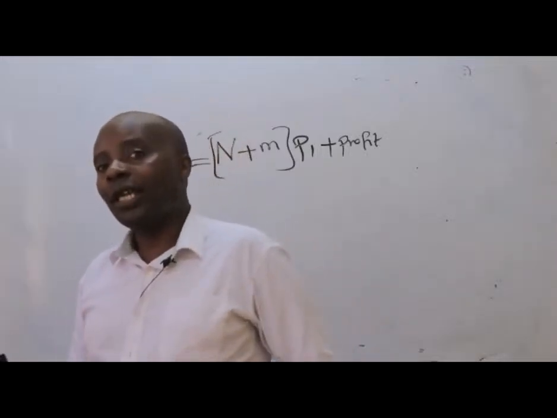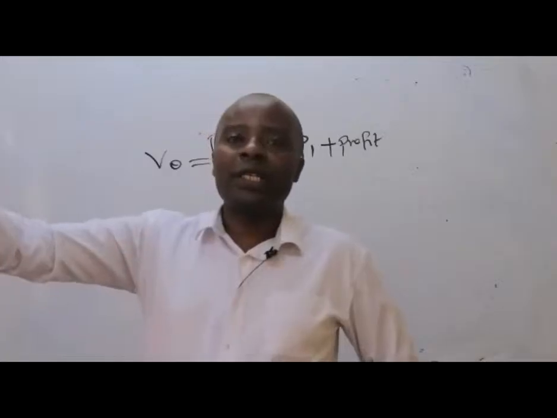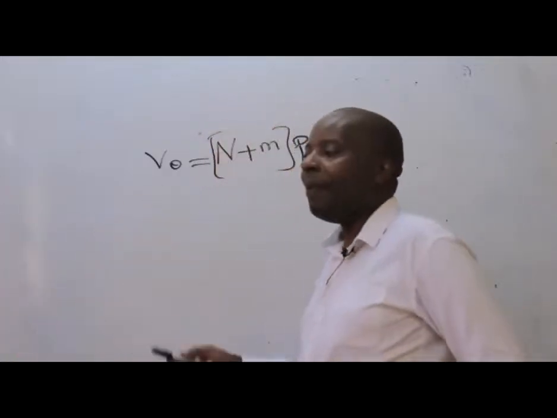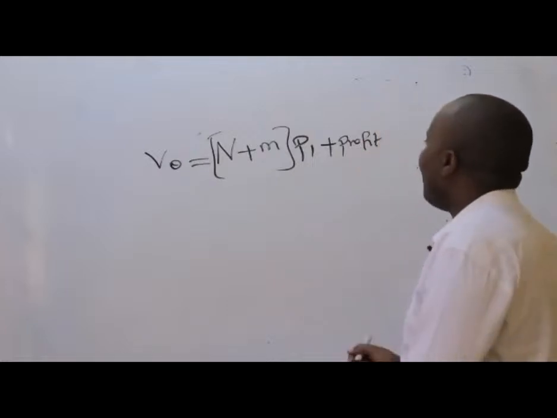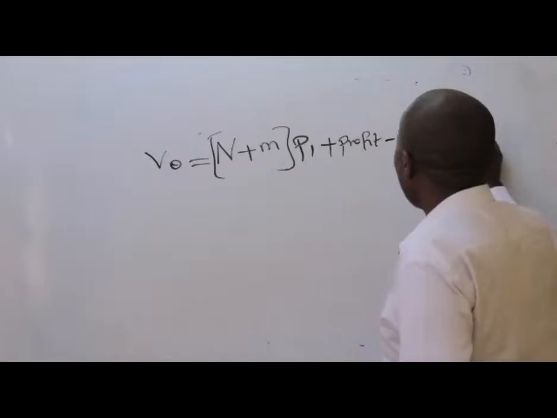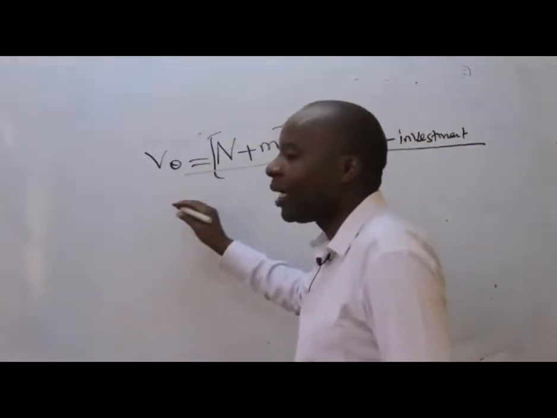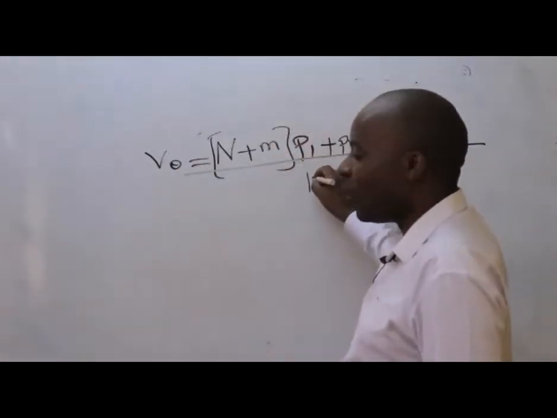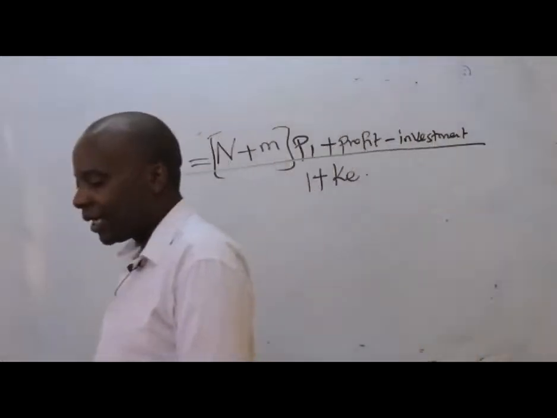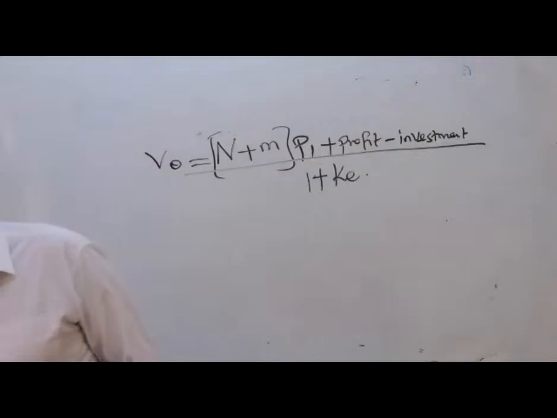You can only realize something out of it gradually as we progress. But otherwise, according to them, immediate investments we are making will always reduce firm value. And then you'll come here and give us 1 plus KE down there.